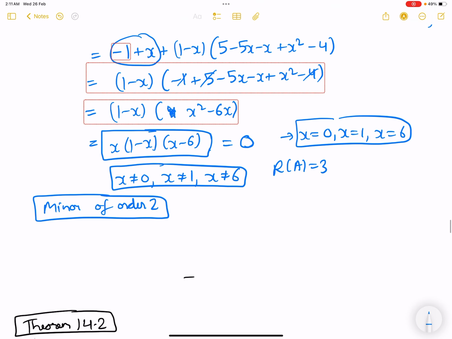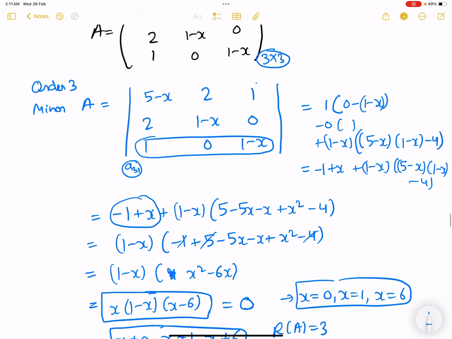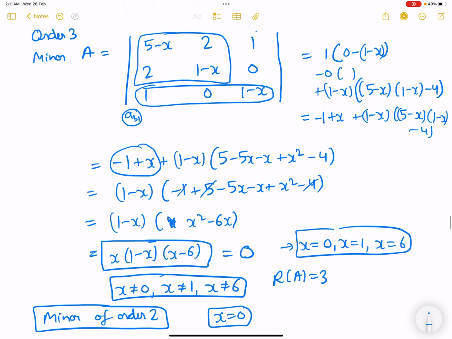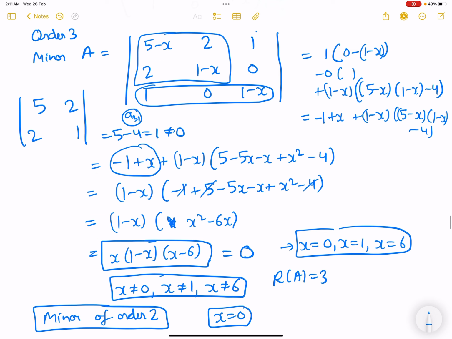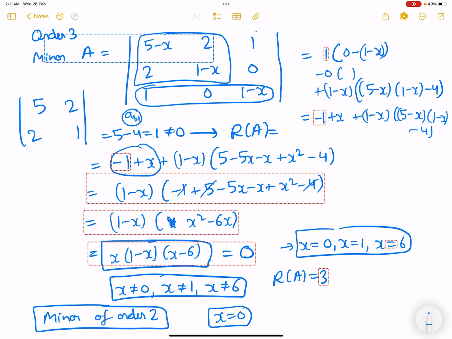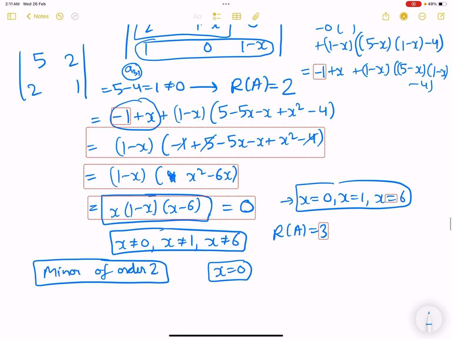Suppose x is 0, and then we check the minor of order 2. This would be 5, 2, 2, 1. Determinant of this is 5 minus 4, which is 1, which is not equal to 0. So we can come to the conclusion that rank of A in this case would be equal to 2. I hope this was clear.